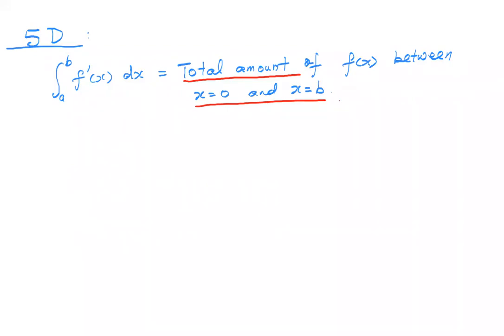Another one is, if I integrate f prime x dx, I will get back the function plus c. So these are the two concepts that you have to bear in mind. So it can be any kind of scenario.